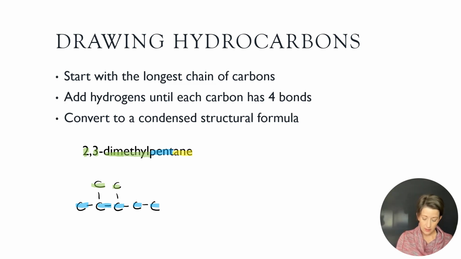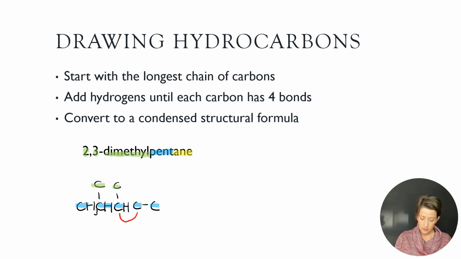Looking at the first carbon, it has only got 1 carbon bond. Therefore, to get up to 4, we need 3 hydrogens. So I'm going to just write CH3. On the second carbon, it's got 1, 2, 3 bonds already accounted for. So to get to that 4th bond, it only needs 1 hydrogen. Going to carbon 3, carbon 3 has 1, 2, 3 carbons, so that means it needs 1 hydrogen.